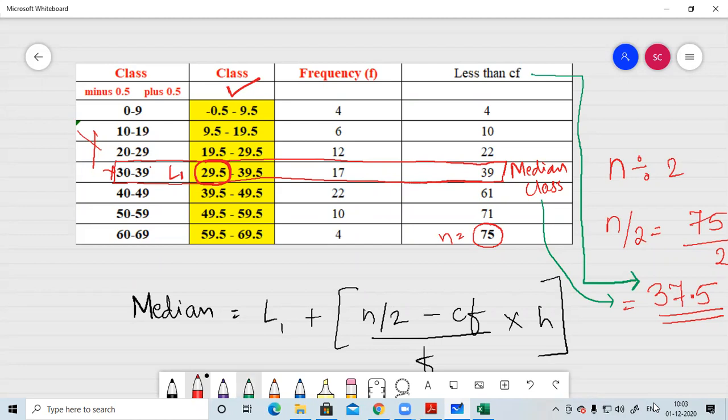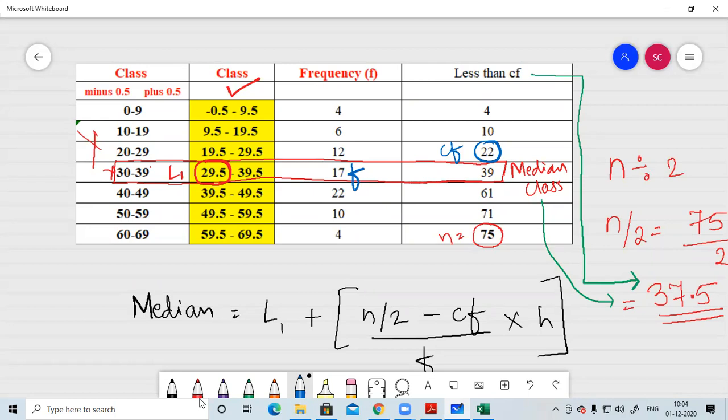CF represents cumulative frequency preceding the median class, so preceding means the one before this. F represents the frequency of the median class. Are we clear with this? And H here represents the class interval.